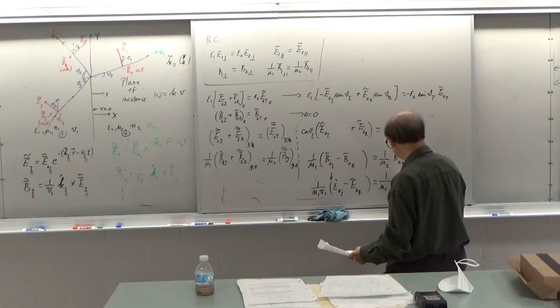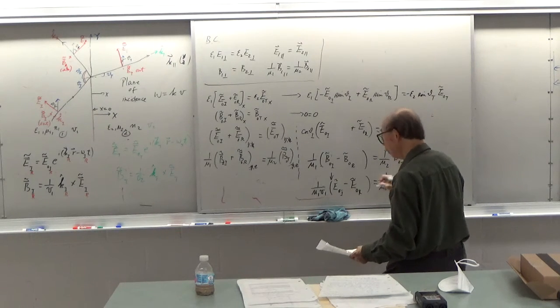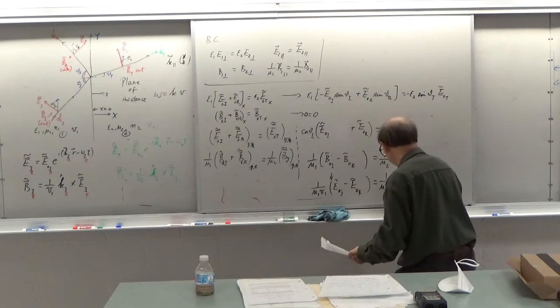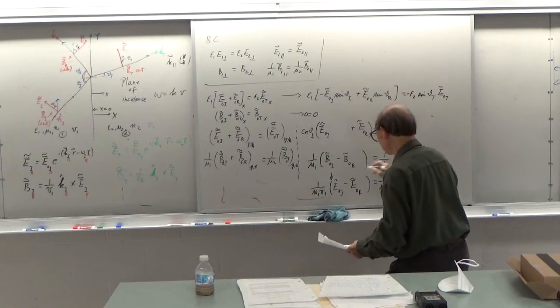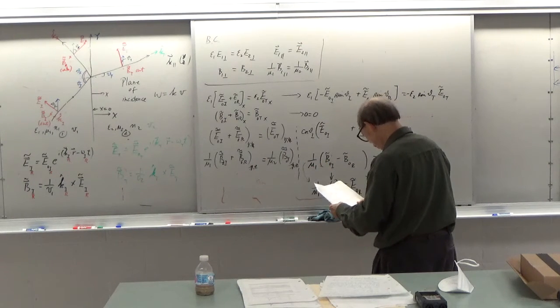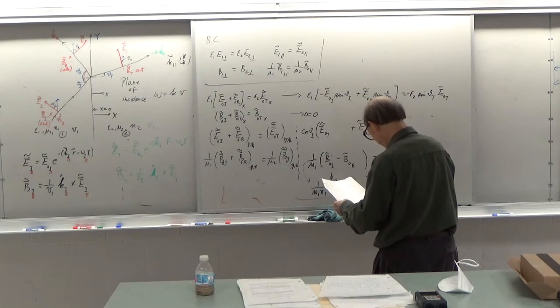So B is related to E by this factor of V2. That should be right, correct now. Let me check. Correct. All right.